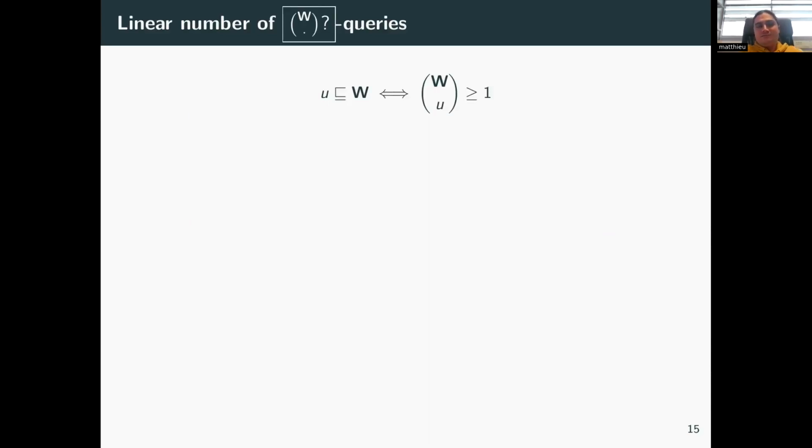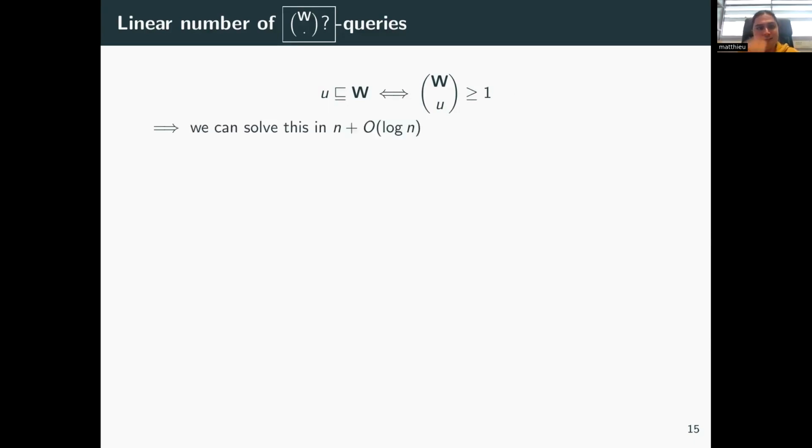Well, first, clearly, the question "is U a subword of W" is equivalent to "does U occur at least once as a subword in W", right? So clearly I can use the strategies that I had in the previous problem in this one.